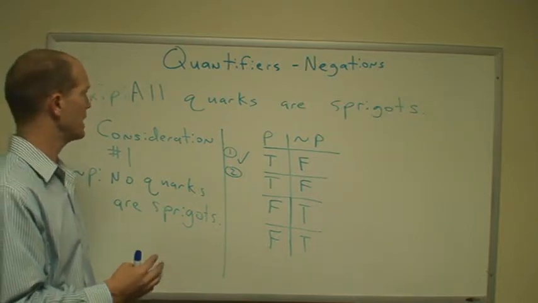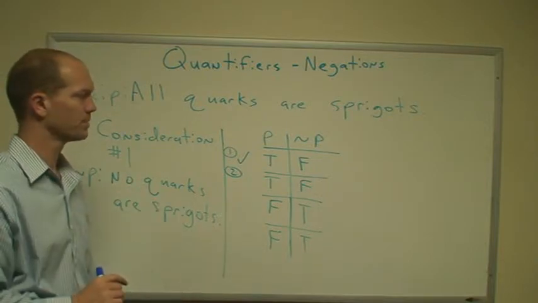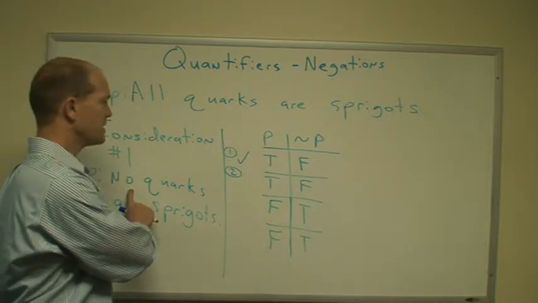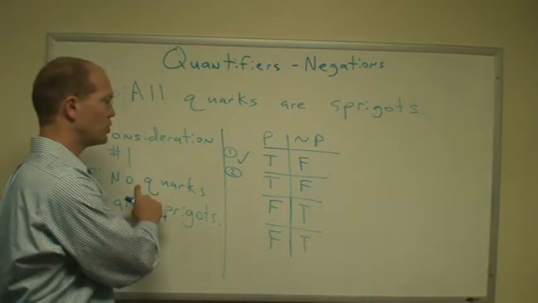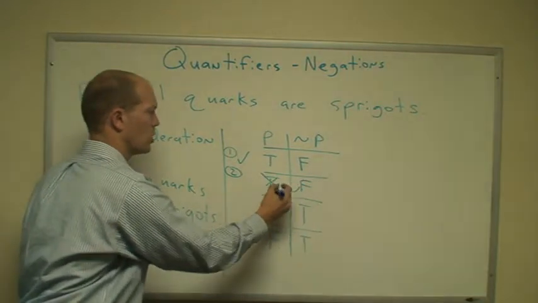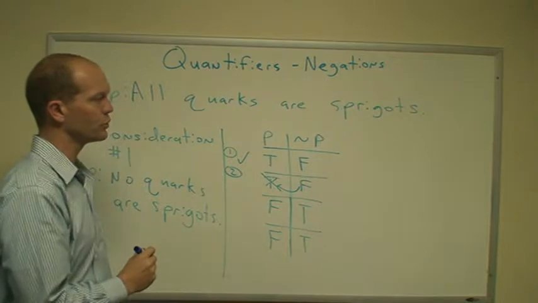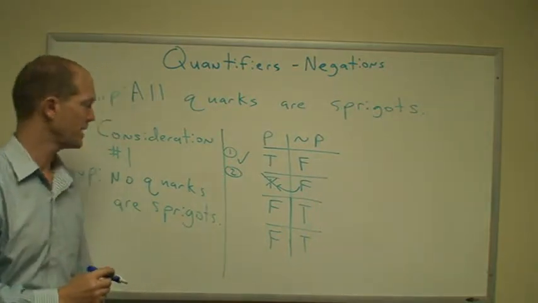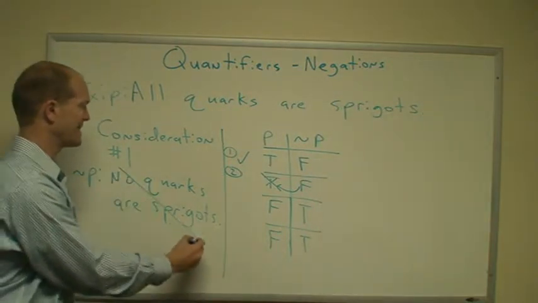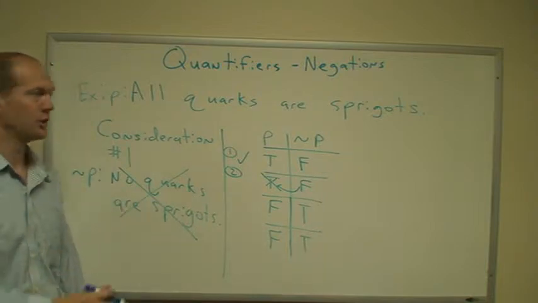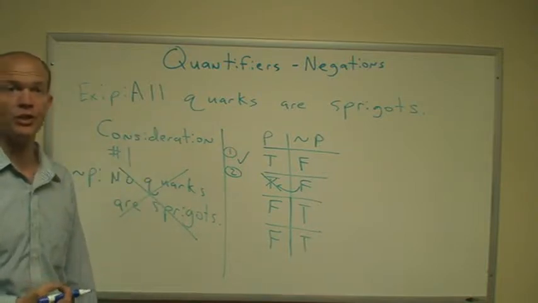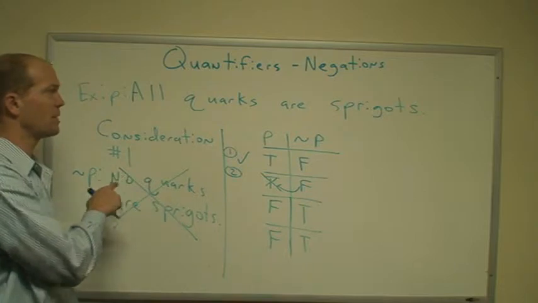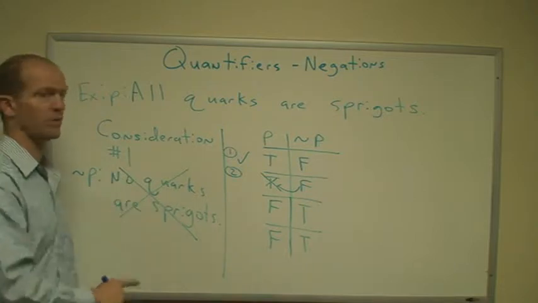We don't necessarily need all of the quarks to be spriggans. Things that would make this false don't necessarily cause the original statement to be true. That tells us consideration number 1 is not the negation of the original statement. In general, the negation of "all A are B" is not "no A are B."